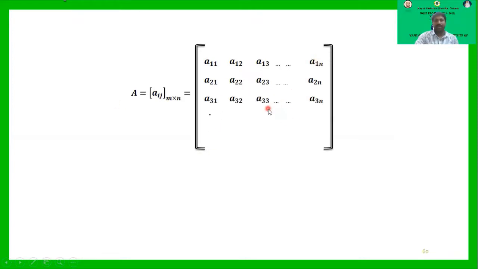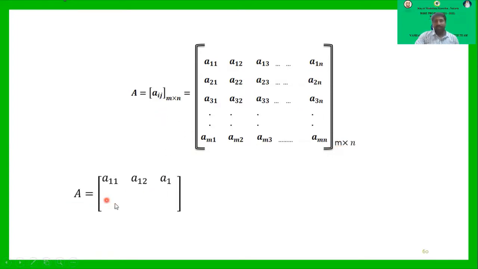Similarly, other elements are there, and this is the last row: am1, am2, am3 up to amn. The first number represents the row number 1, 2, 3, up to m, so this matrix has m rows, and the second number denotes columns 1, 2, 3 up to n, so it has n columns. So the order of this matrix is m by n.